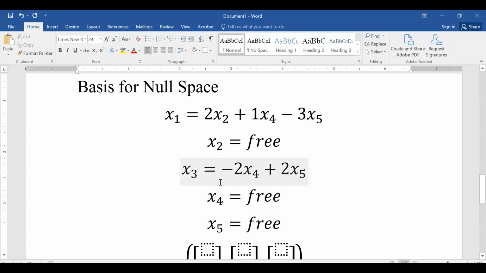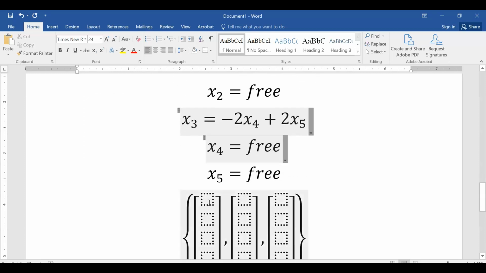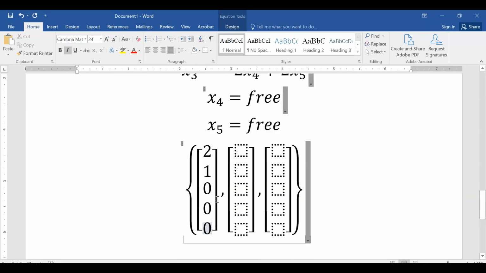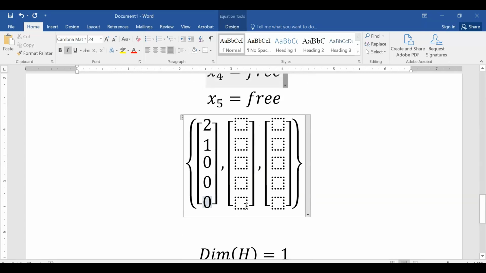So let me pull out the coefficients on x2. That'll be 2, 1, and then 0, 0, 0. So for x2, we get the vector 2, 1, 0, 0, 0.